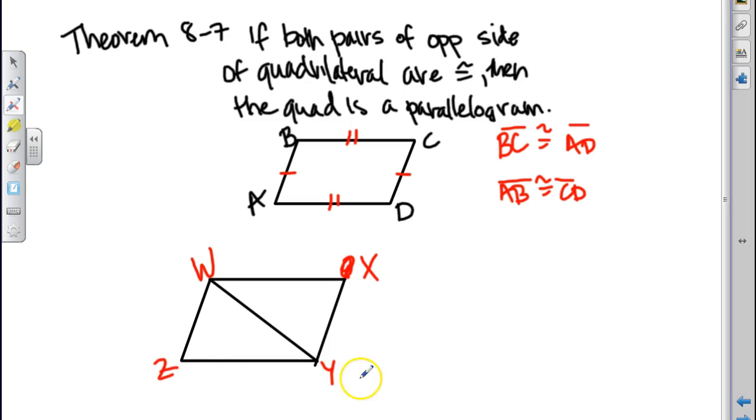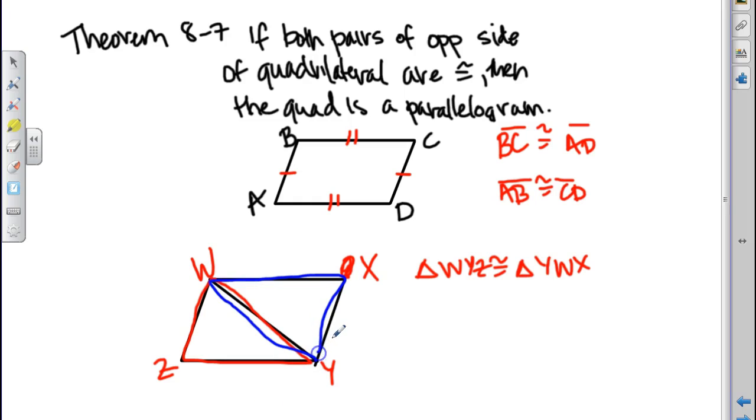And in quadrilateral WXYZ, triangle WYZ is congruent to triangle YWX. So W to Y to Z, this triangle, is congruent to triangle YWX, the blue triangle.